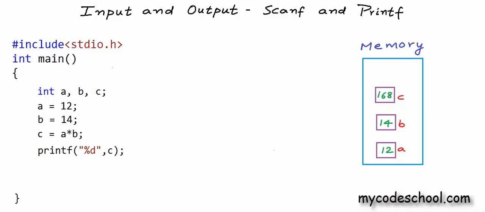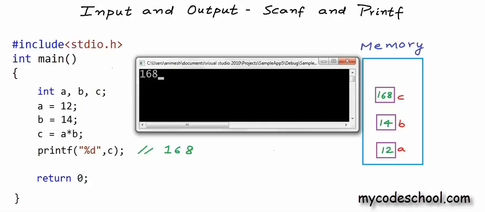So what should be the output of this printf statement that I've written here? Well, in the string constant we only have a %d. This %d will be replaced by the value in c, and the value in c is 168, so 168 will be printed on screen. I'll just put a return 0 in the end here, and now if I run this program, this is what I'm getting.